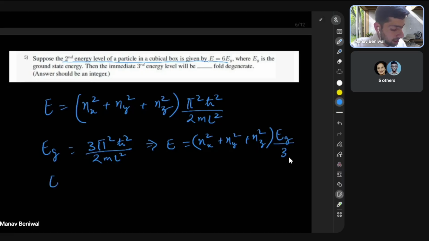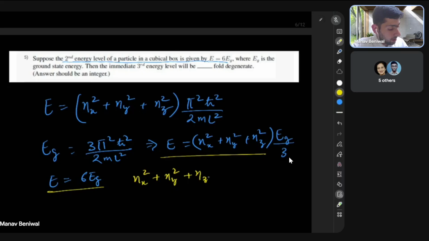Now we are given that our energy E is equal to 6 Eg. So if we compare these two equations, we get that nx squared plus ny squared plus nz squared will be equal to 18.